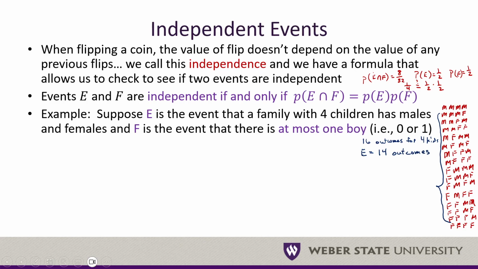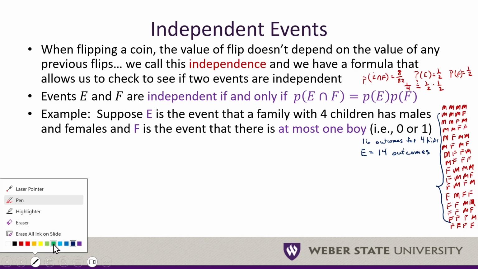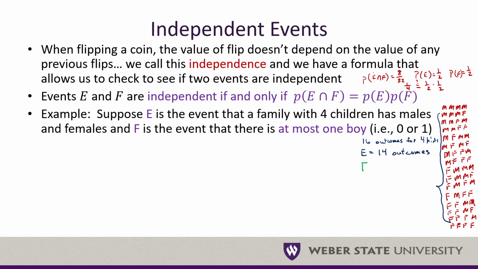Then F is the event of at most 1 boy. Well, where do we have at most 1 boy? So let's take a look at F. F is at most 1 boy. So that would be 0 or 1. Well, I've got 1 there, 1 there, 1 there, 1 up here.